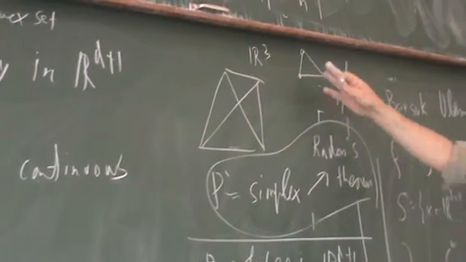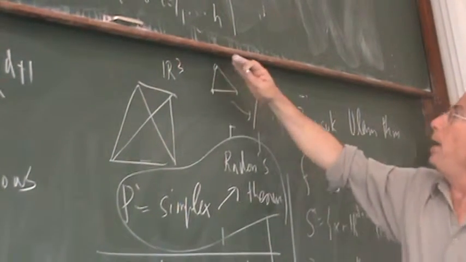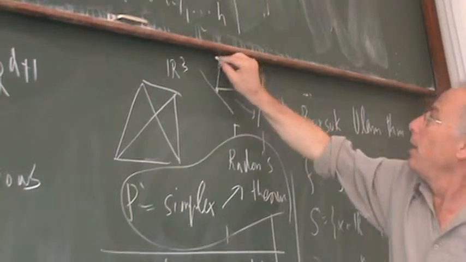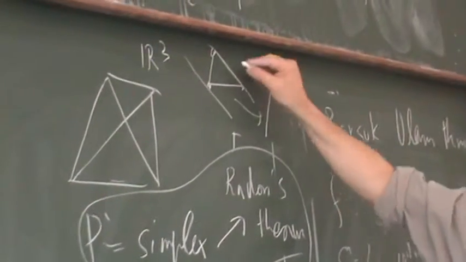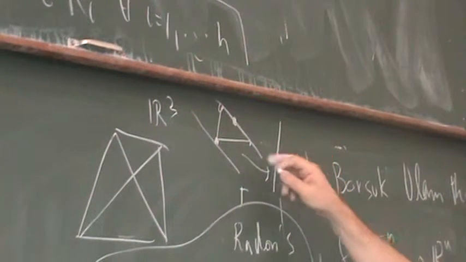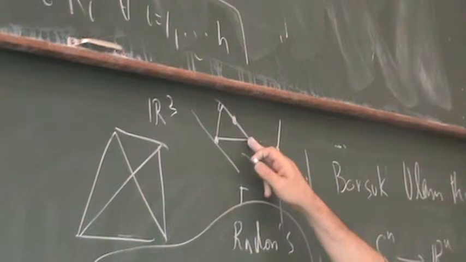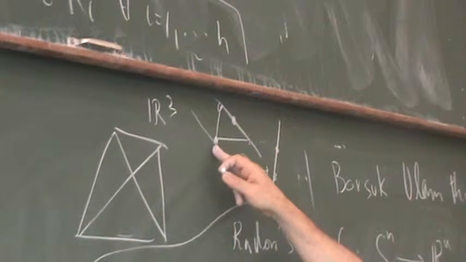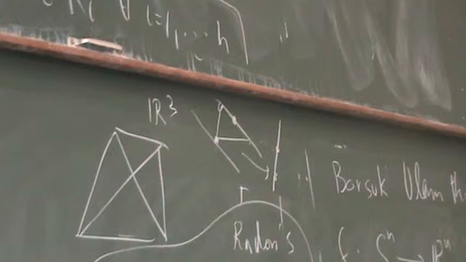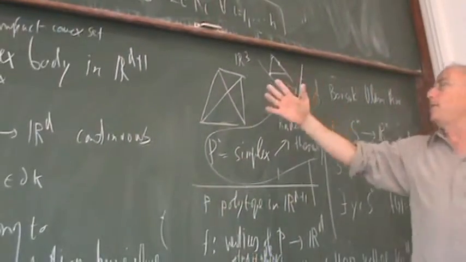We extend it affinely, and then the theorem says that we can find two parallel hyperplanes and two points, say this point and this point, that are mapped to the same point. This means that in the images, the convex hull of these two points intersects the convex hull of this one. So the Borsuk-Ulam theorem tells you something about polytopes, and if you specialize it to simplexes, you get Radon's theorem.